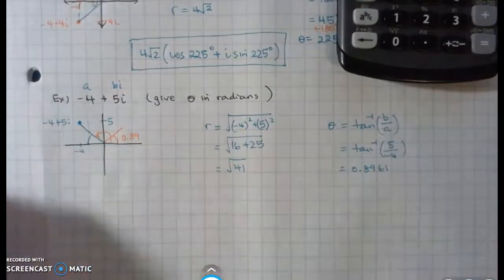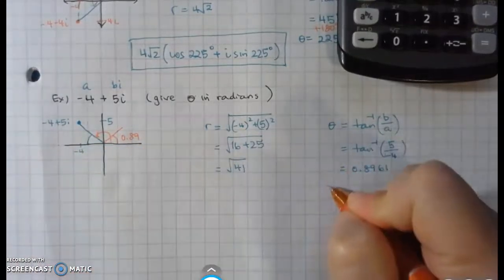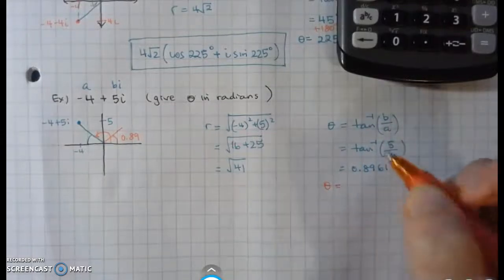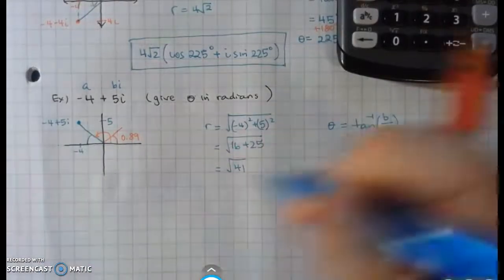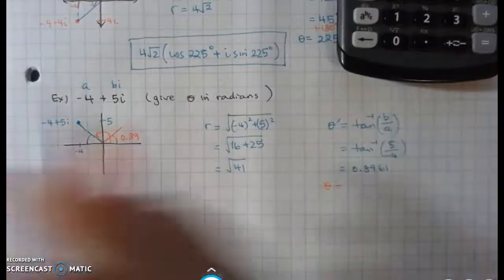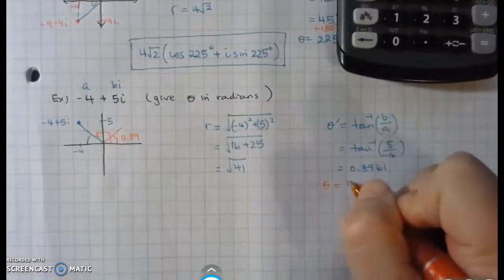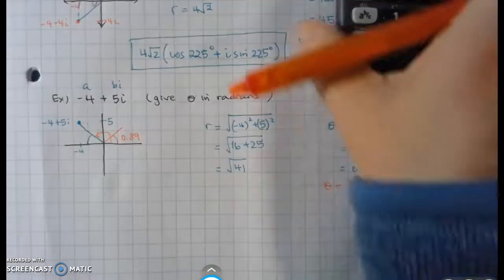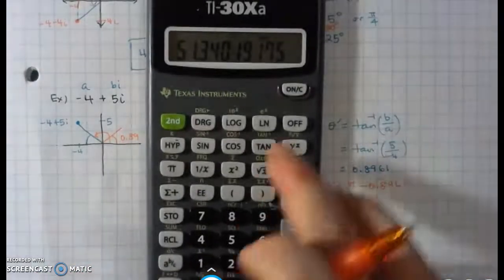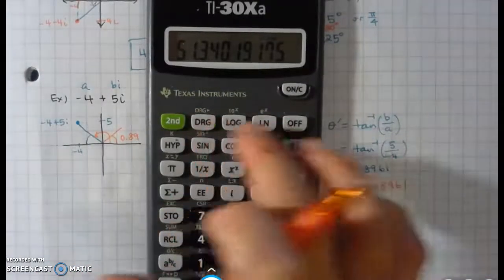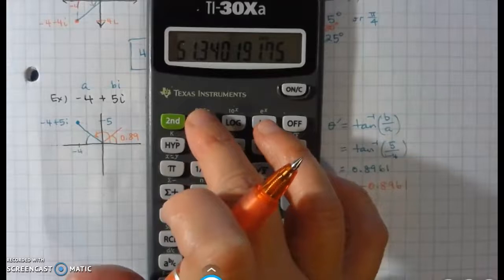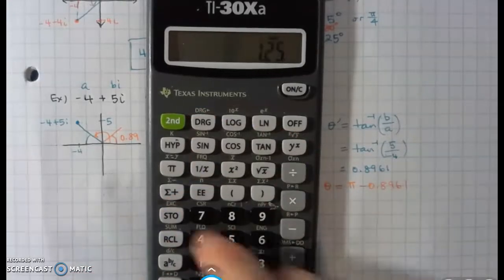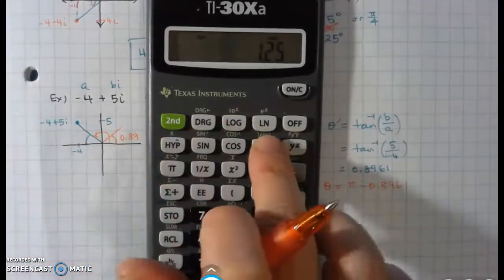So our actual angle measure theta, that's my reference angle. Theta is going to be pi minus 0.8961. So now we are going to change that to radians. So 5 divided by 4 is equal to, and then inverse tangent.